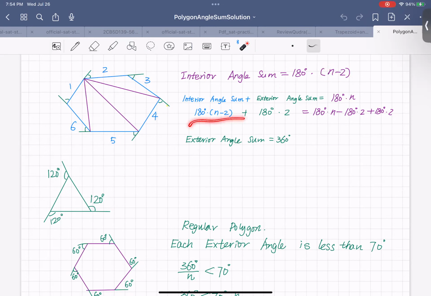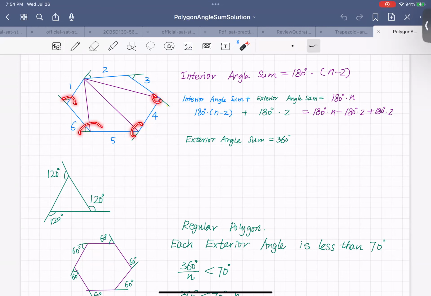And also, we already learned this. You extend here, you extend here, you extend here. The angle marked here is called the exterior angle. That's called the interior angle. This is called the exterior angle. Exterior angle summation equals 360 because if you connect them, this is 180, 180.